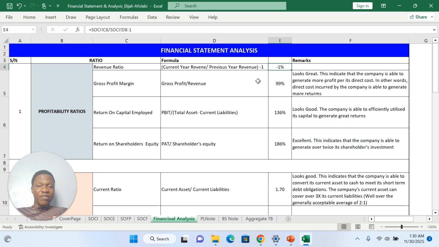So what this is telling us is that the revenue of the company has dipped, and the interpretation of this is that this might have been caused by several reasons. Number one, it could be because the company lost a percentage of their market share, right? And that would translate to a reduction in quantity of goods sold or services rendered.